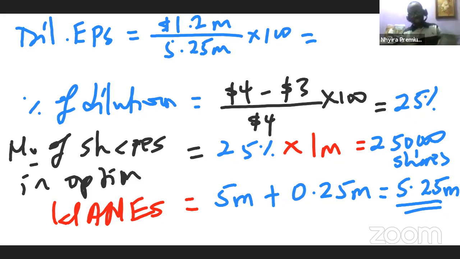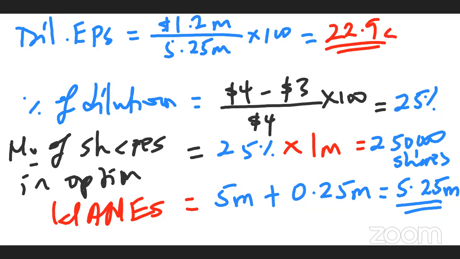Let's see what we get now. It's 22.9, maybe 23 approximately. Or we can say 22.9 cents. So that is the 22.9 cents diluted earnings per share.